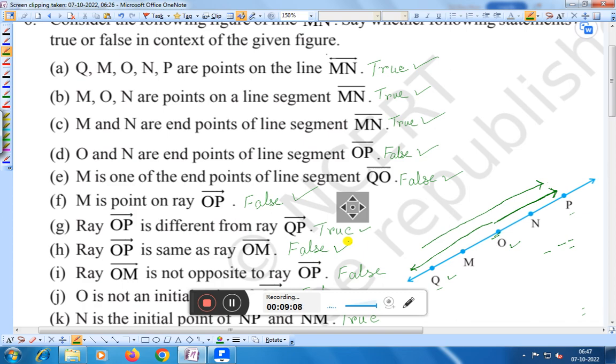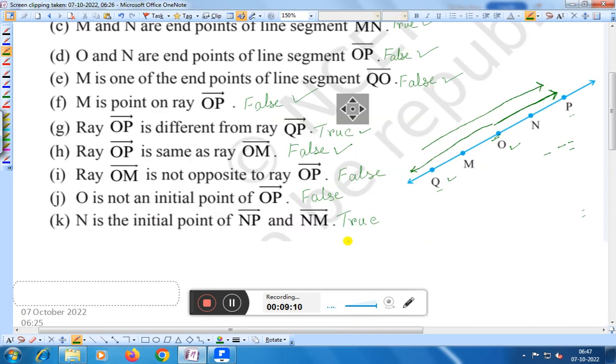Now, question number I. What is question number I? Ray OM is not opposite to ray OP. Where is OM? OM is this one. This is ray OM, right?